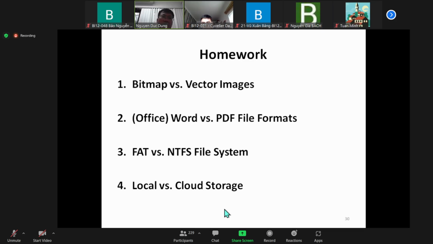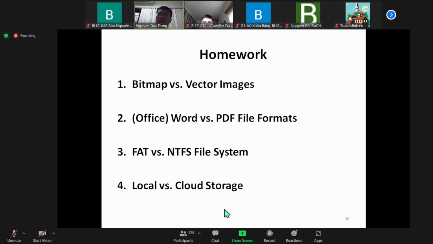Try to figure out how to manage information with your own computer. Creating a folder within your computer is rather easy, so how about doing the same thing with your mobile phones?